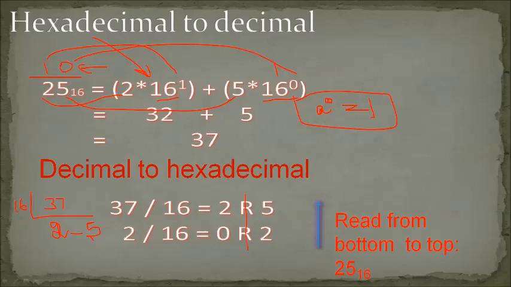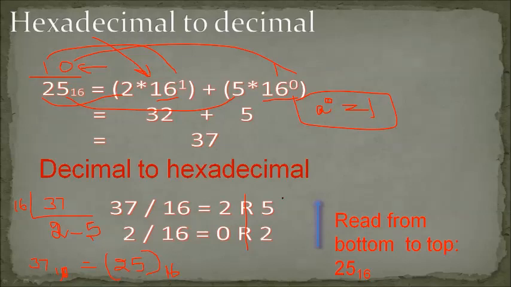How should you write the answer? 37 in base 16 is equal to 25. Read it as 25, and what base value? What are we converting here? From decimal to hexadecimal, so we put 16 over here, and we should put 10 over here. Is that clear? The same thing, we read from bottom to top.